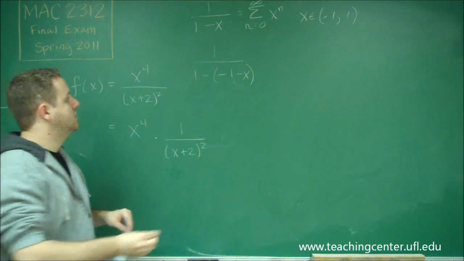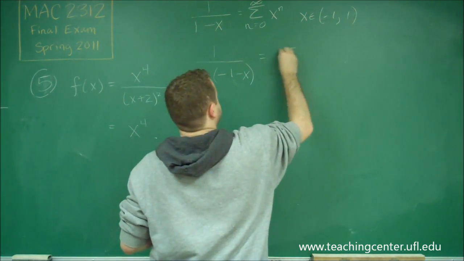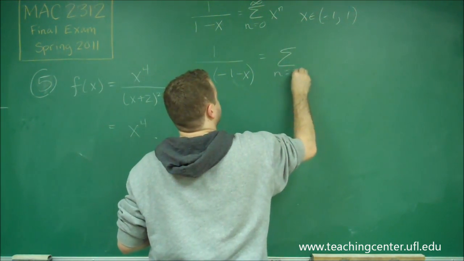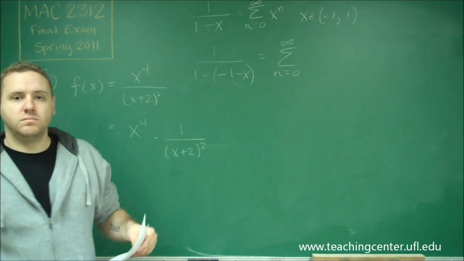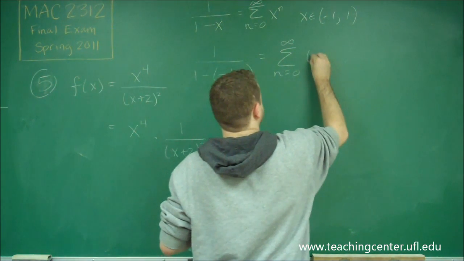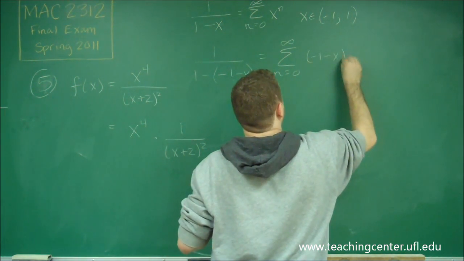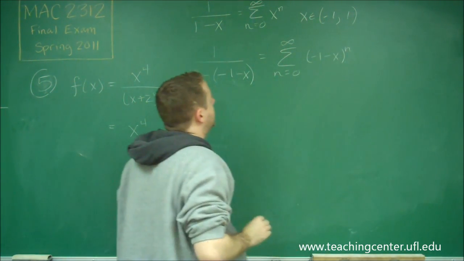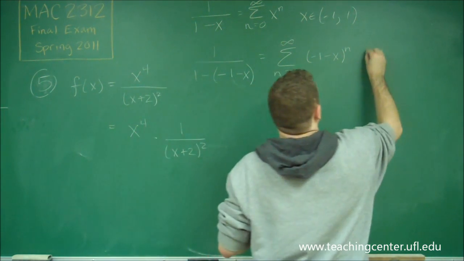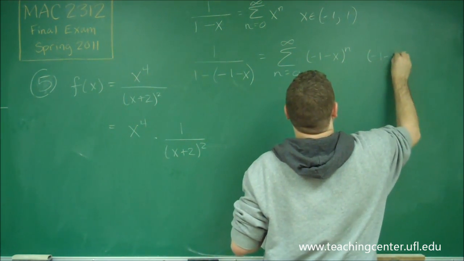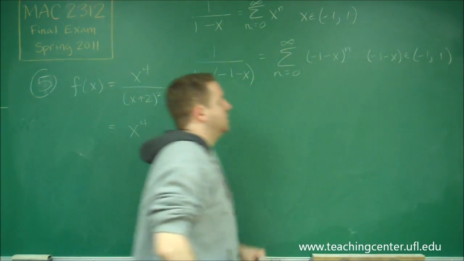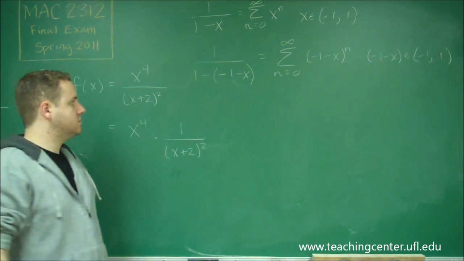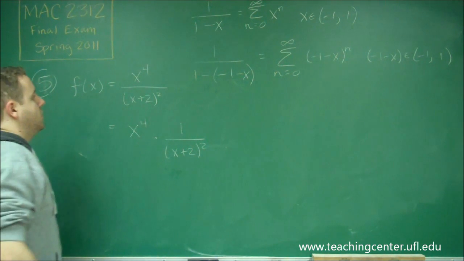So now that series representation is the same as the above, except everywhere there's an x, we replace it by -1 minus x. So now we know that -1 minus x has to be between -1 and 1.